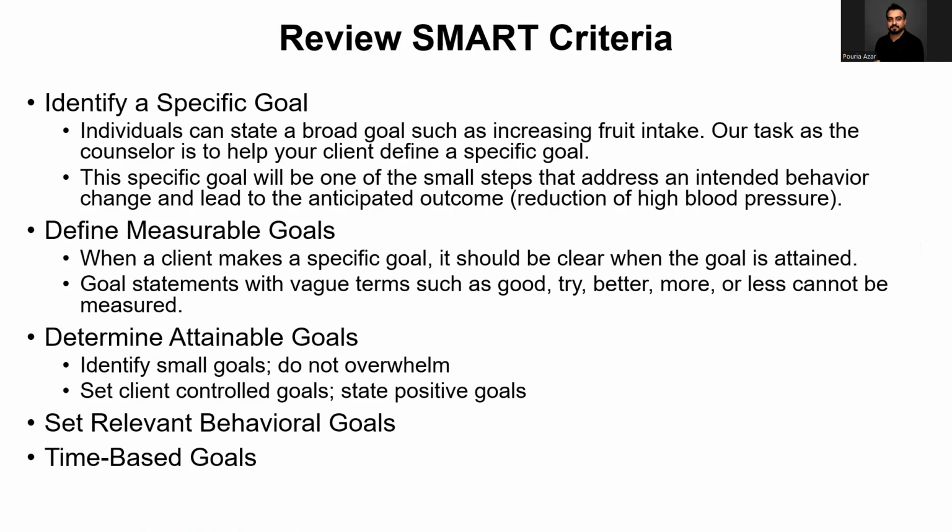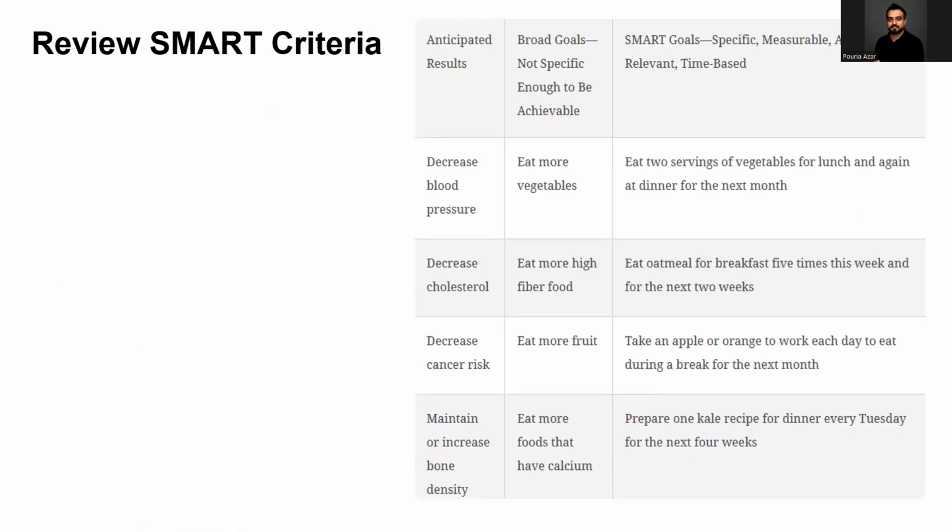So for the SMART criteria, we need to have a specific goal and we have to have measurable goals. We need to determine attainable goals and we need to set relevant behavioral goals and time-based goals. And here are some examples for SMART goals.